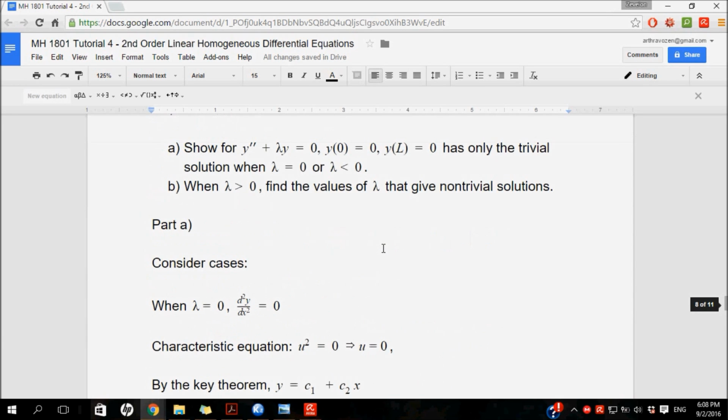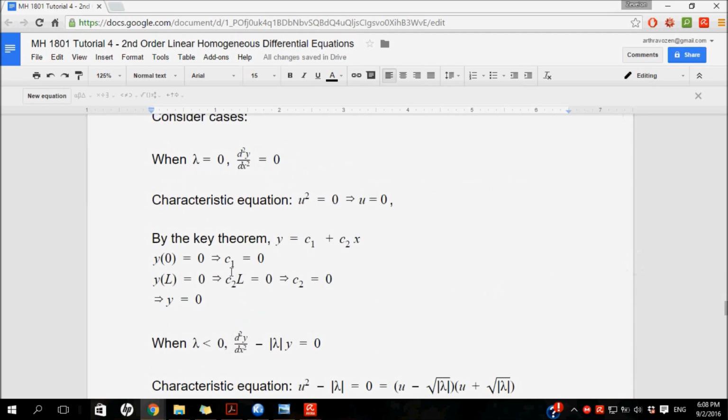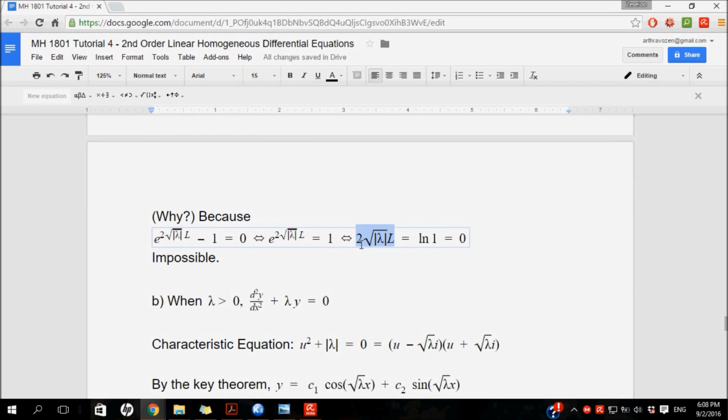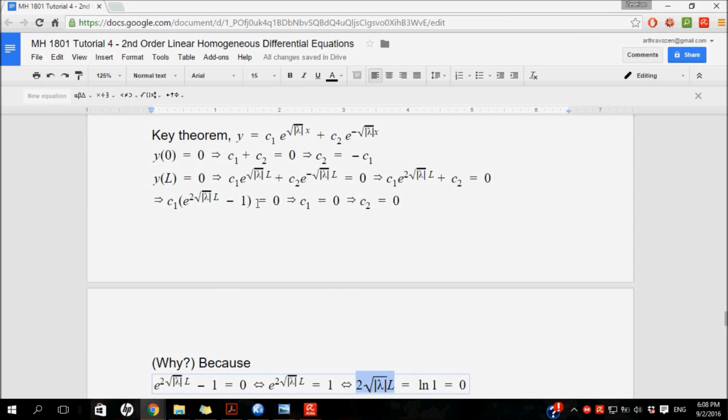L is supposed to be non-zero, and lambda is also non-zero. Something non-zero equals to 0 is strictly speaking impossible. Therefore, this term is never going to be 0. C1 is the term which has to be 0, and therefore C2, based on what I have, is also going to be 0.